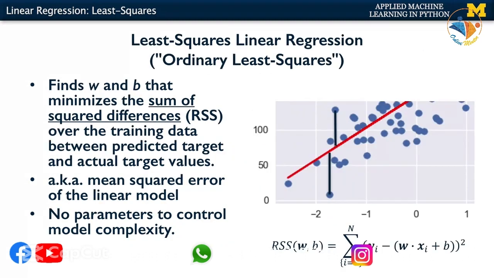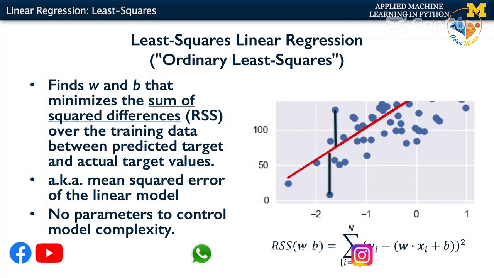The most popular way to estimate w and b parameters is using what's called least squares linear regression, or ordinary least squares. Least squares finds the values of w and b that minimize the total sum of squared differences between the predicted y value and the actual y value in the training set. Or equivalently, it minimizes the mean squared error of the model. Least squares is based on the squared loss function mentioned before.